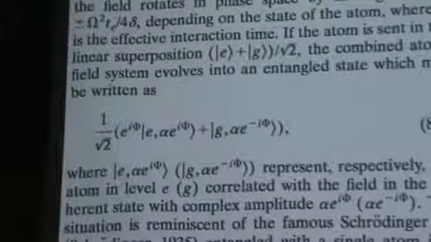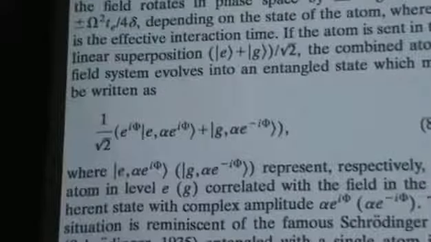So this is a review of modern physics. So here we are. Here's the state there, just as we described it, where they talk about this as a kind of Schrödinger-Cat state.